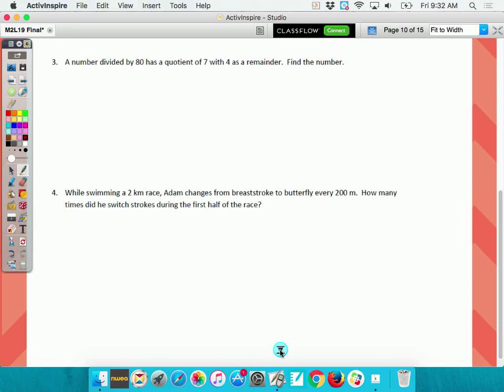So I'm going to use an N for number, because we don't know the number, do we? A number divided by 80 has a quotient, that means equals 7 remainder 4.